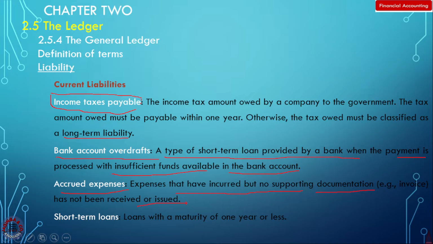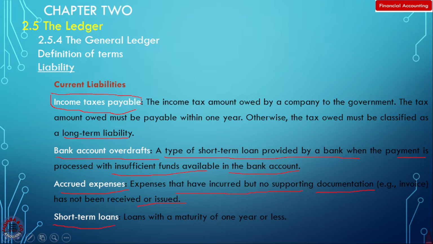But since you've not paid this interest, we are calling that accrued interest, accrued expense. So accrued expense, you would have paid this expense within that month. So we are calling it a current liability.